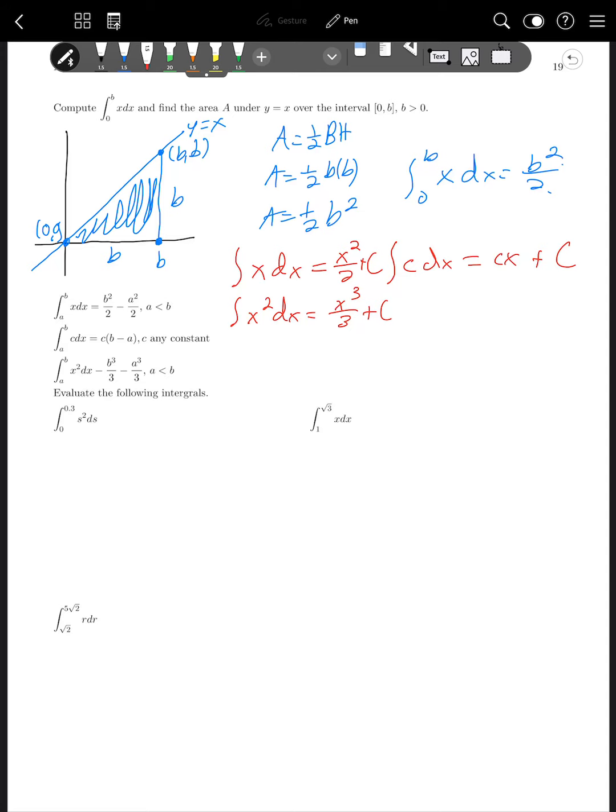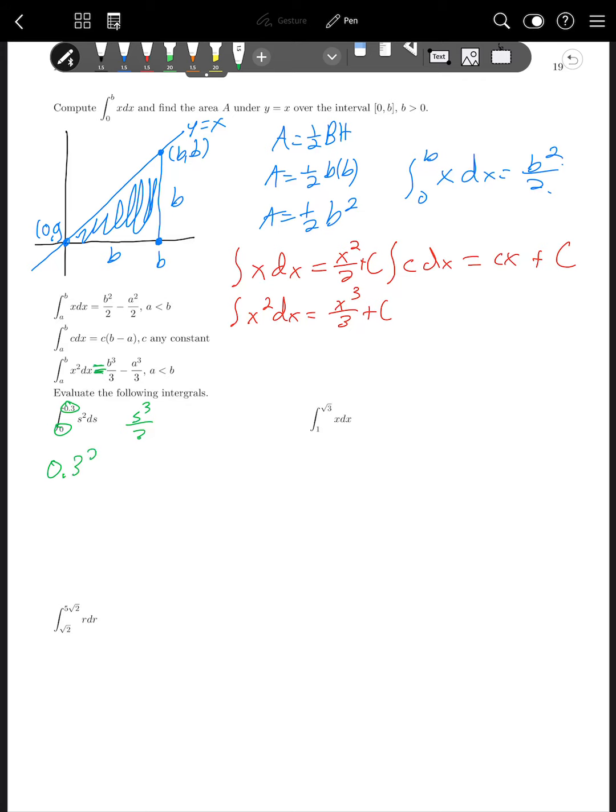So for an actual example of what this would look like, this should be an equals in the third one here. If I wanted to find the definite integral from 0 to 0.3 of s squared ds, what I would basically do is start out by finding s squared's indefinite integral, which is s cubed over 3, using this formula here, and then we simply plug in the endpoints, and we take the higher endpoint minus the lower.